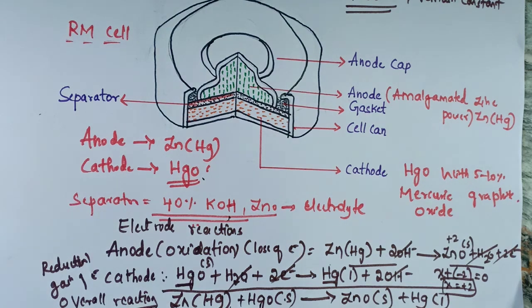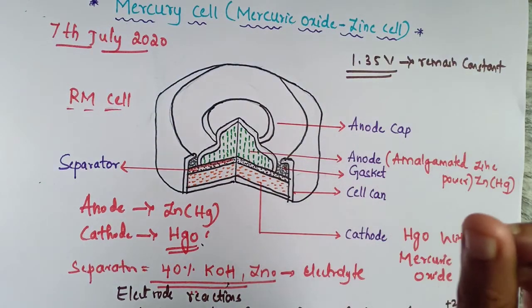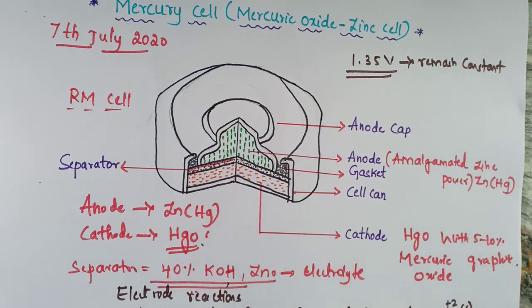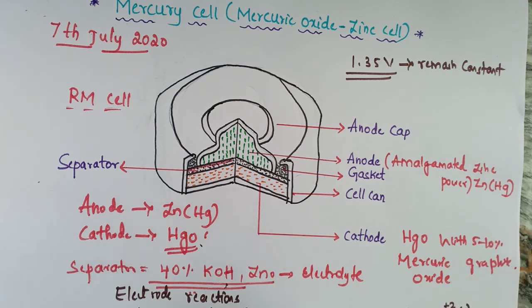That's why its voltage, 1.35 volt, is constant in the mercuric oxide zinc cell. If ions are involved, it will not have a constant voltage, whereas these ions are not present in the overall reaction, that's why the voltage is constant.